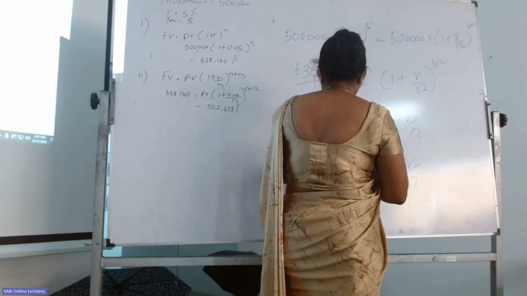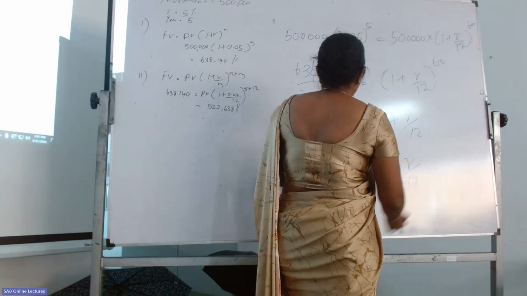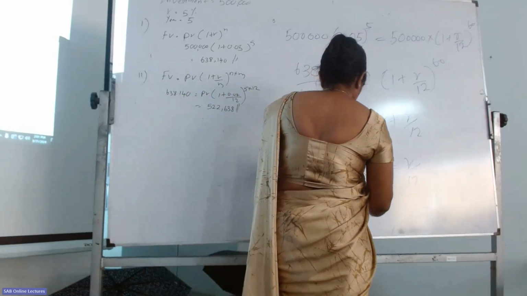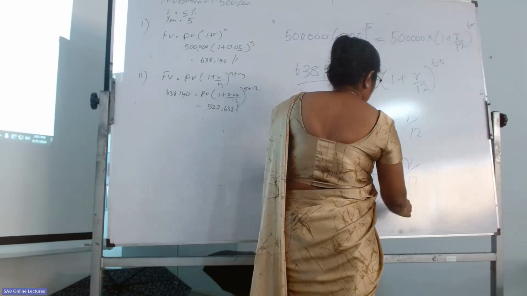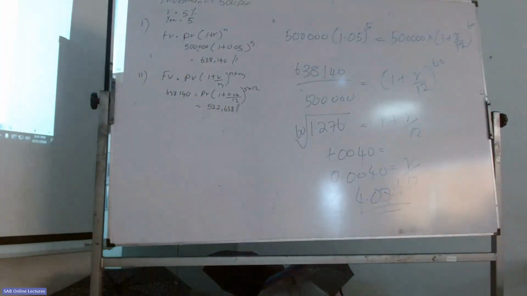Multiply this by 12. So your equivalent rate between these two companies is 4.07. This is the rate. So DF Finance should offer 4.07.